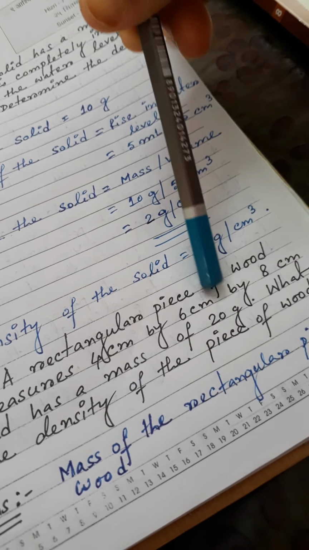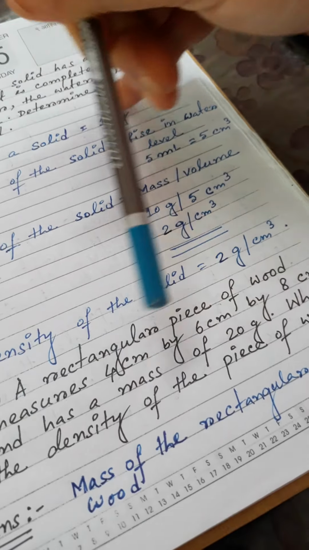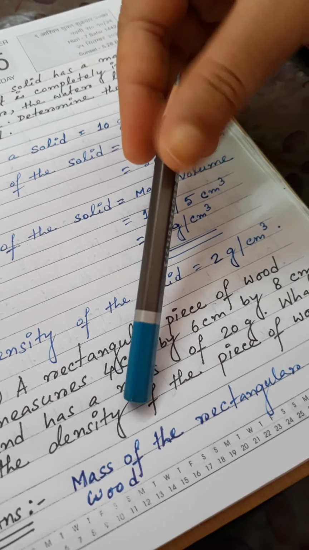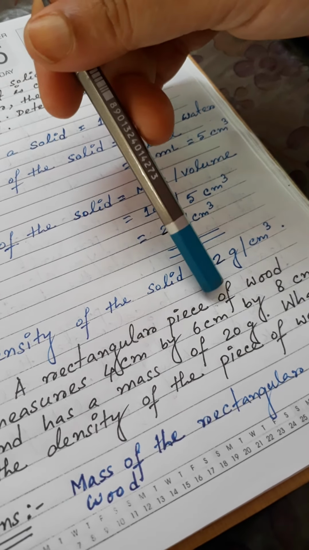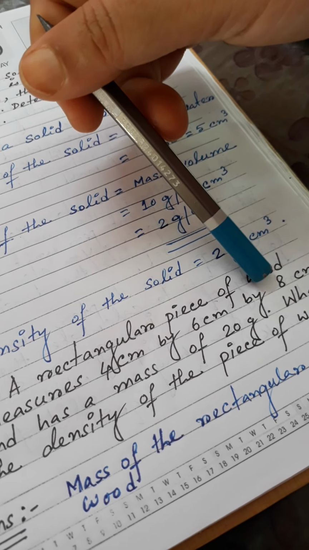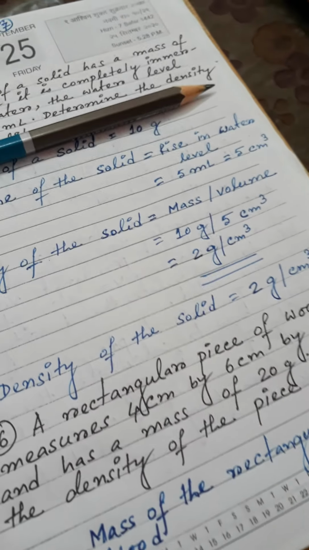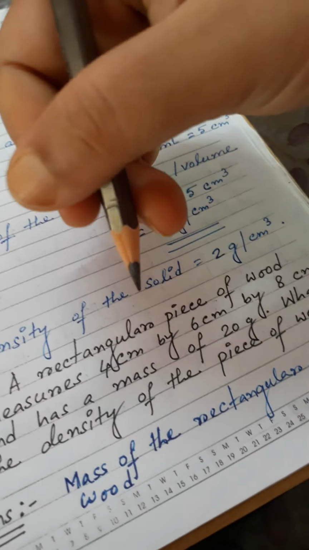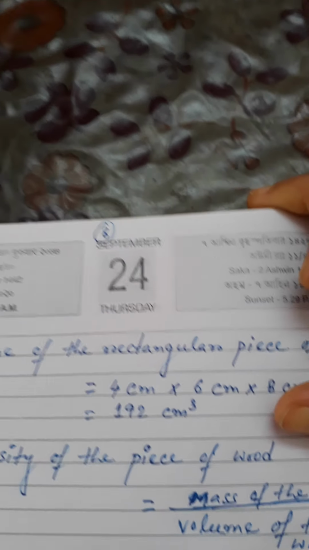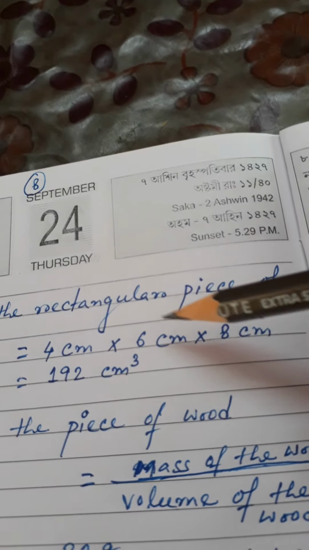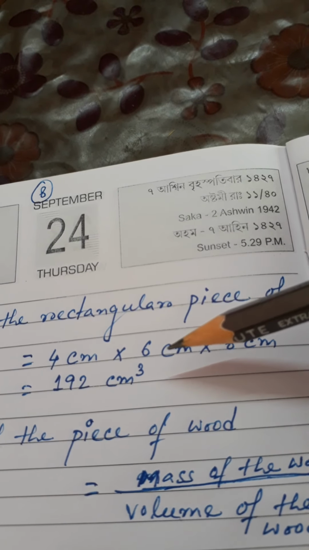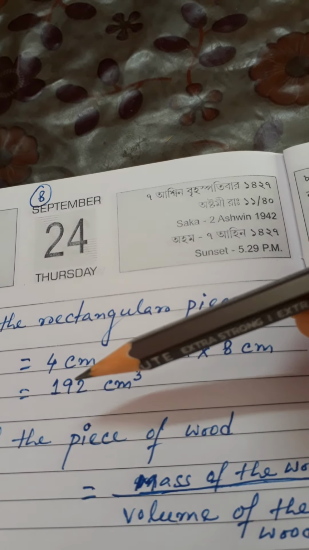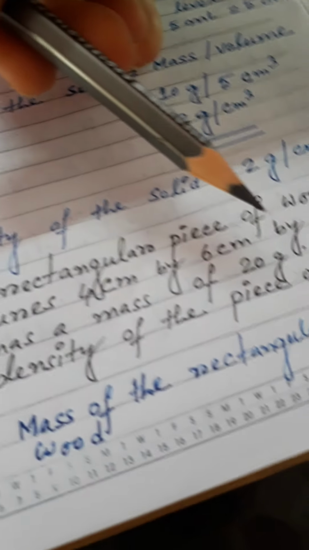You see that 3 dimensions are given and all 3 are different. So it is not a cube, because in a cube all sides are equal. This is a cuboid because all the measuring dimensions are different. So we can use the formula length into breadth into height to find the volume of the rectangular piece of wood. So 4 centimeter into 6 centimeter into 8 centimeter, so 192 centimeter cube, and mass is given as 20 gram.